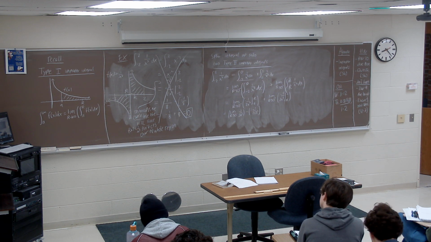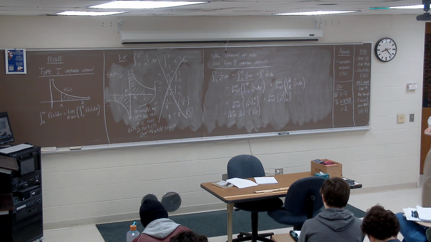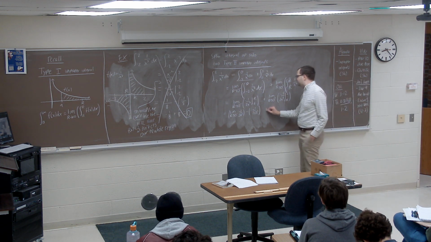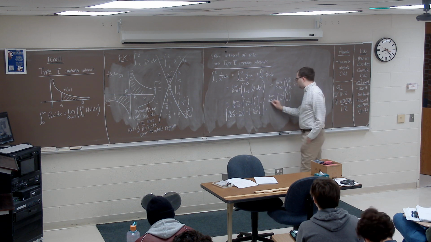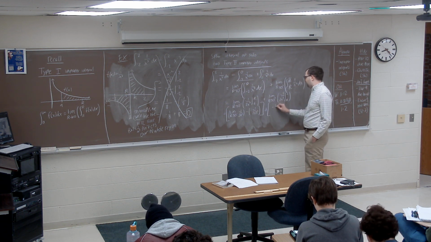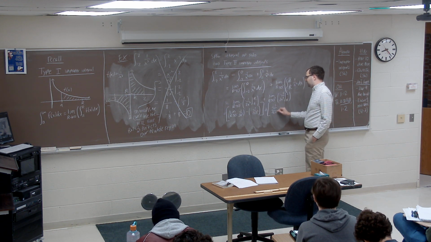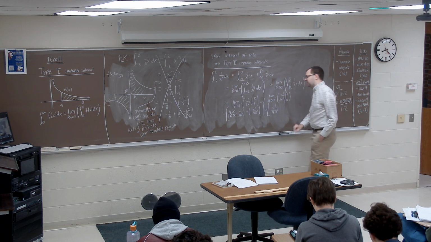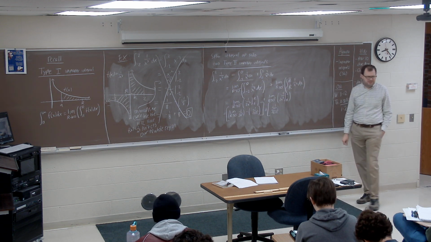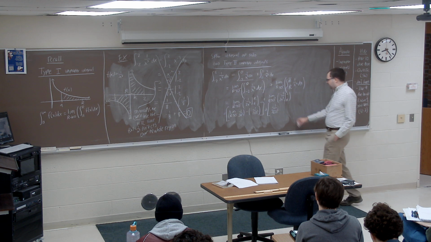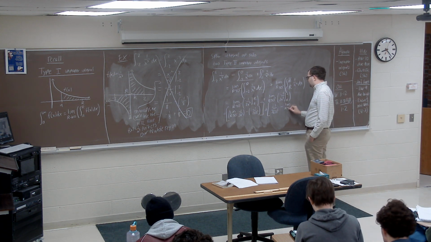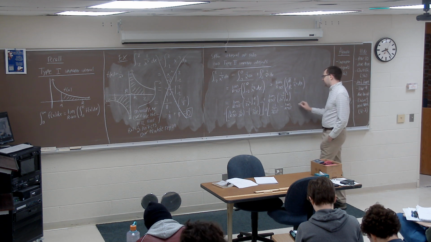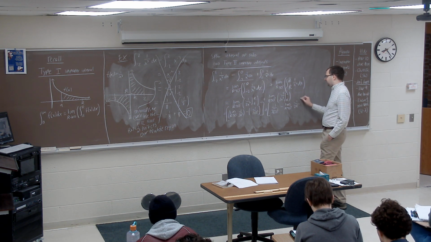It wouldn't make any difference, but you could if you wanted to. Plus, we'll have -1 over 2 times 2 squared. Frankly, this is -2 squared, but -2 squared and 2 squared are the same. Minus the limit as r goes to 0 from the right-hand side of -1 over 2r squared.